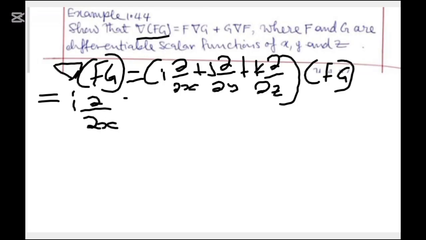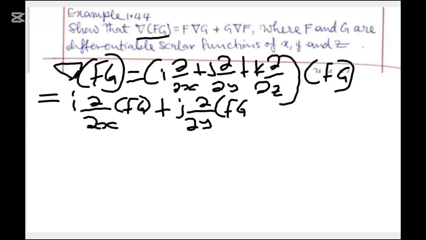I have to multiply each fg, plus 4j, also multiply it by dy, and also 4k I have to multiply it, which is a partial of z.